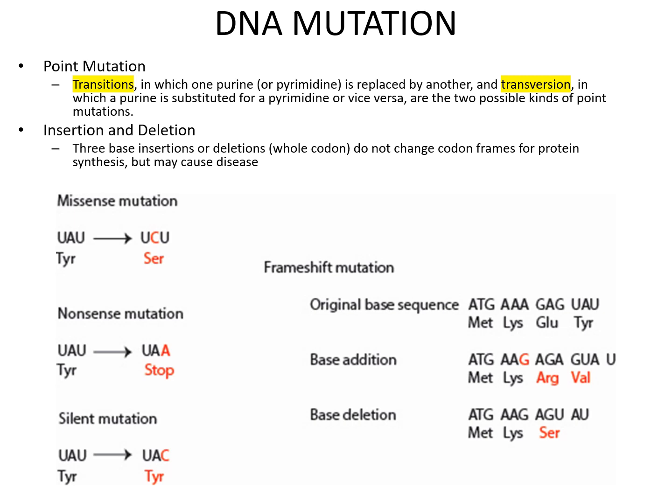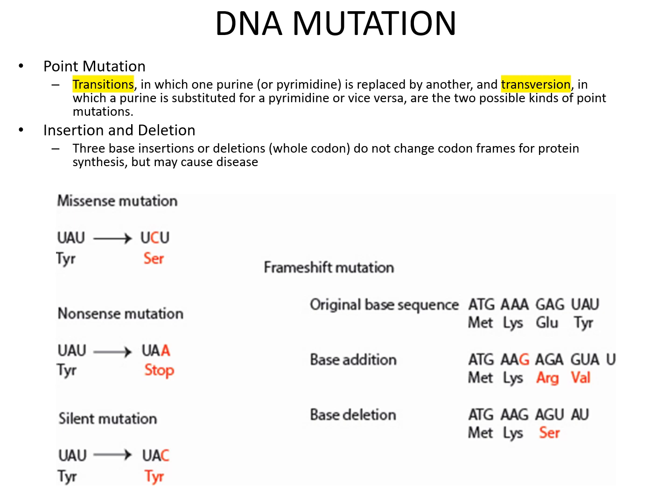It can cause a missense mutation. A missense mutation changes one nucleotide that changes the amino acid. In this example, UAU to UCU, that changes tyrosine to serine. That's called a missense mutation. The second type of point mutation is nonsense mutation. In a nonsense mutation you change one nucleotide and that changes the amino acid to a stop codon.